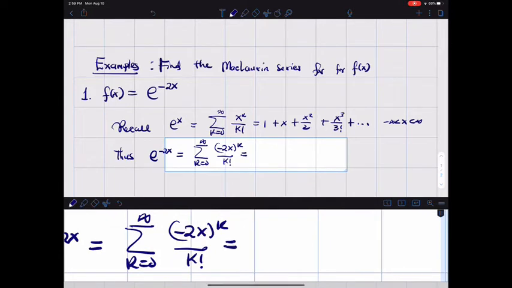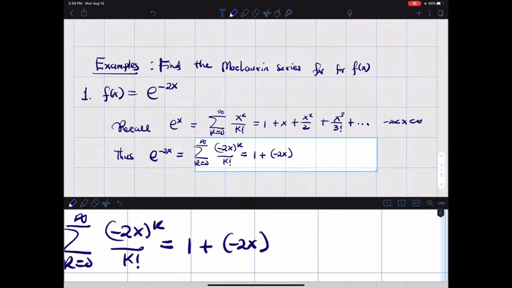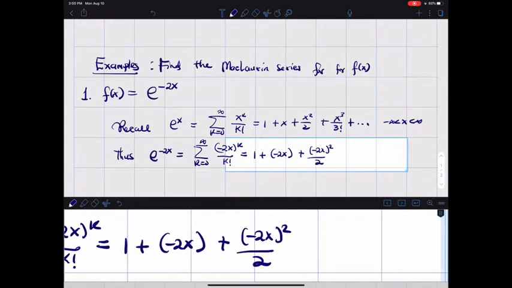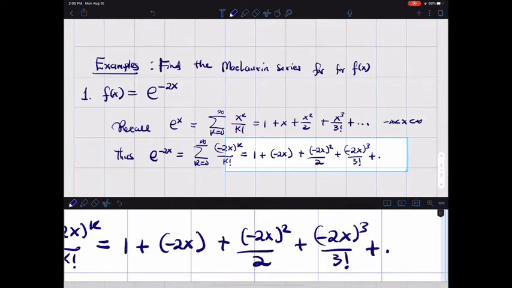This means we have 1 plus (-2x) to the power of 1, plus (-2x) squared over 2, plus (-2x) cubed over 3 factorial, etc.